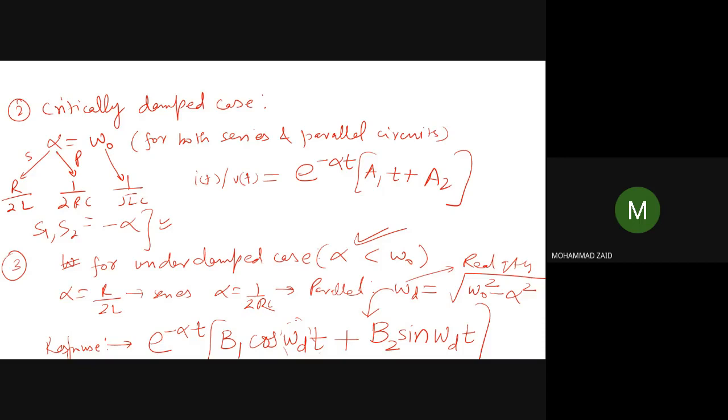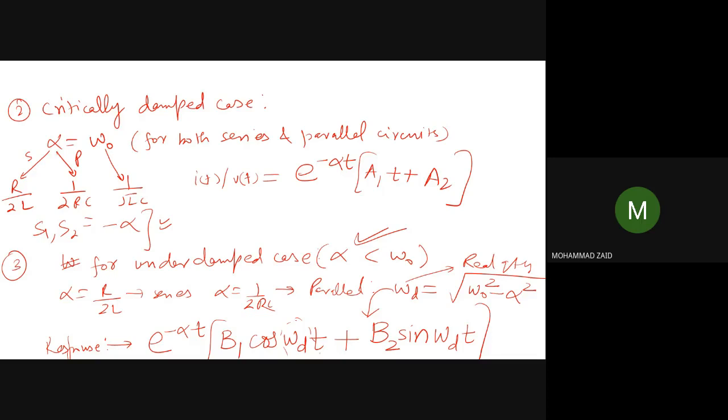That means the combination will be some cosine function and some sine function added algebraically and then multiplied by an exponential which is decreasing in nature, and that rate of decrease will depend on this alpha, which is equal to R by 2L. And for the case of parallel RLC circuit, it is 1 over 2RC.